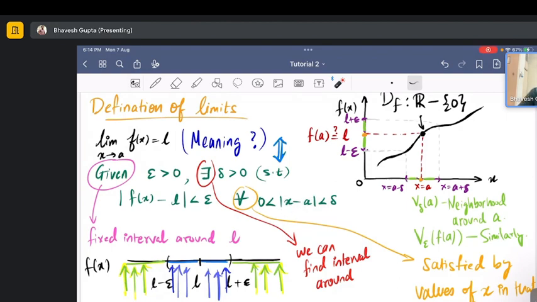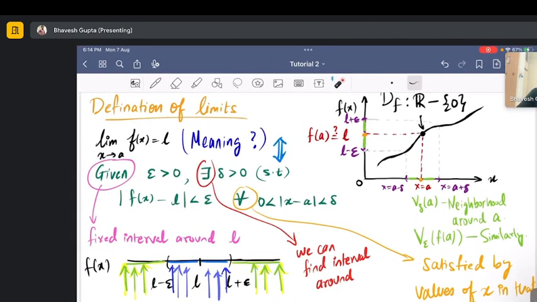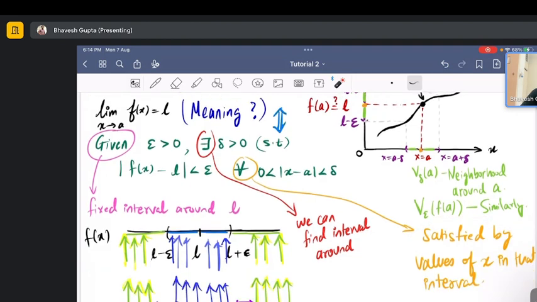Yes, Amit, do you have any question? Sir, my question is, am I audible, sir? Just now I have told you the meaning and some notations. This notation means there exists. This notation means for all. Like I have written here in this orange color.